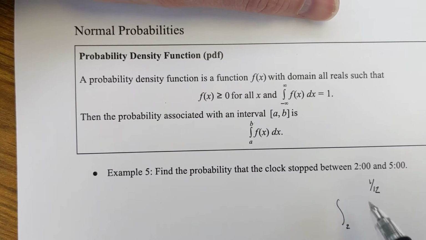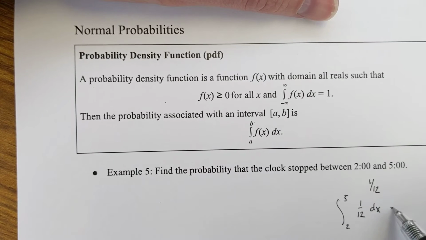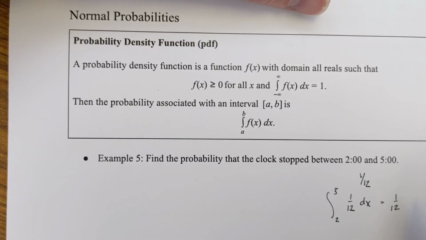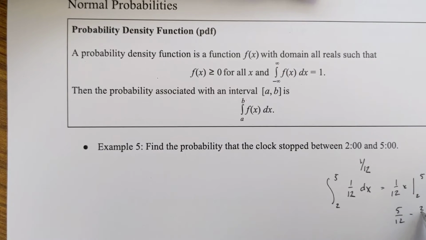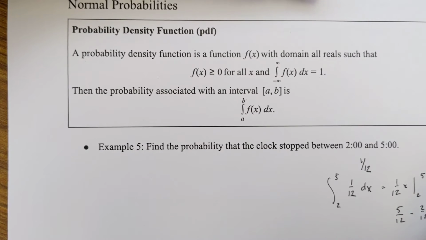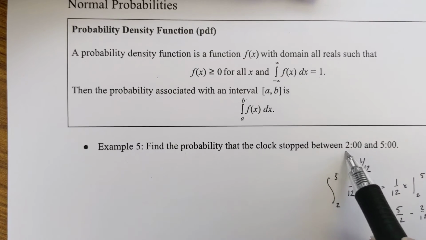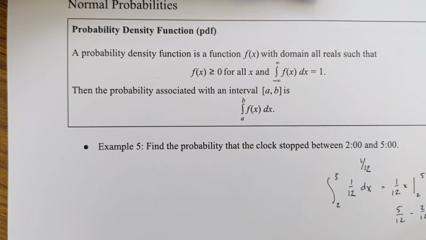So between 2 and 5, the integral of 1/12 dx would be 1/12 x from 2 to 5. That would be 5/12 minus 2/12, which is 3/12, which is 1/4, or 25%. If you look at the clock, that makes sense because between 2 o'clock and 5 o'clock is 1/4 of the clock.